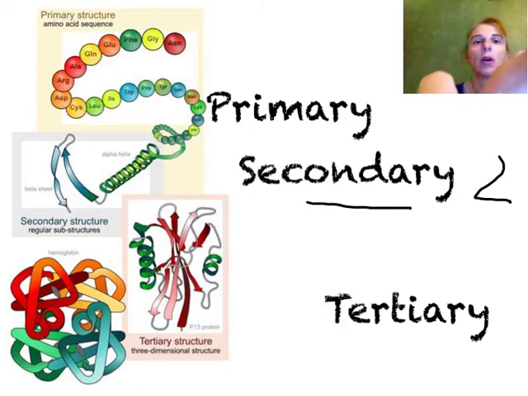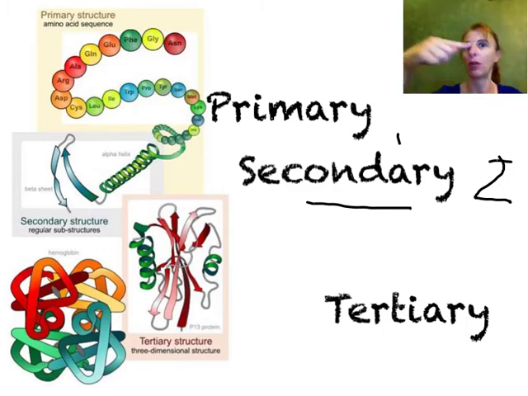Secondary means two, and there's one. Once you put those beads together, they'll start to spontaneously form these different shapes. If you think of an old-fashioned telephone cord, the kind that coiled, that would be a secondary protein shape. Or they might begin to fold into a beta-pleated sheet, and that is the secondary structure.